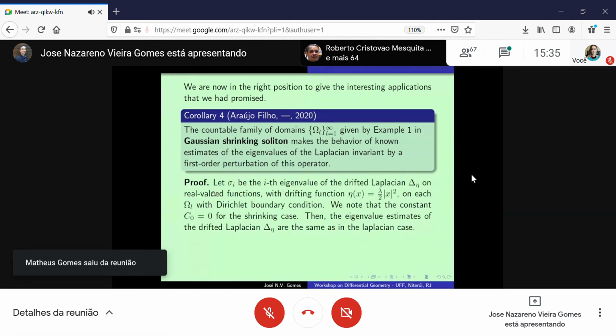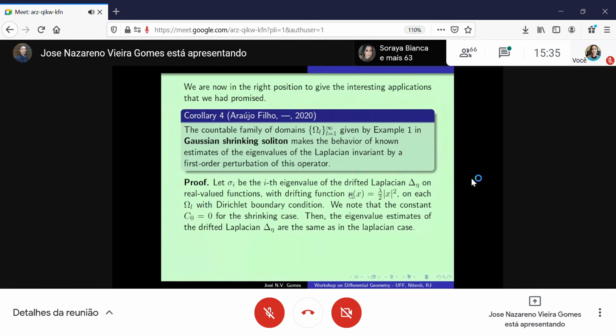The proof: let sigma_i be the eigenvalues of the drift Laplacian on real valued functions, with drift function the potential function of the shrinking soliton, on the domain omega_L with Dirichlet boundary condition. We note that the constant C0 is equal to 0 just for the shrinking case.